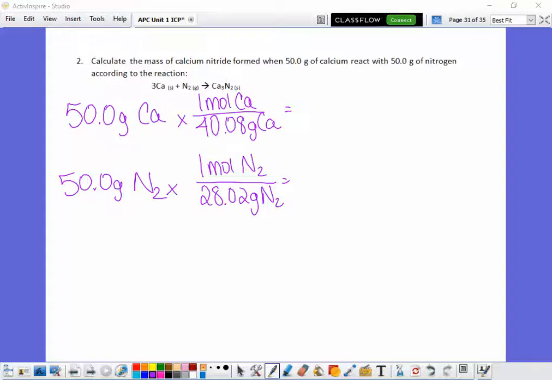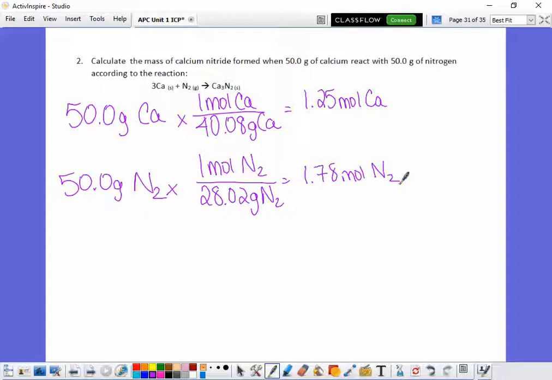And what do you get for calcium? 1.25. And for nitrogen? 1.78 moles of nitrogen.